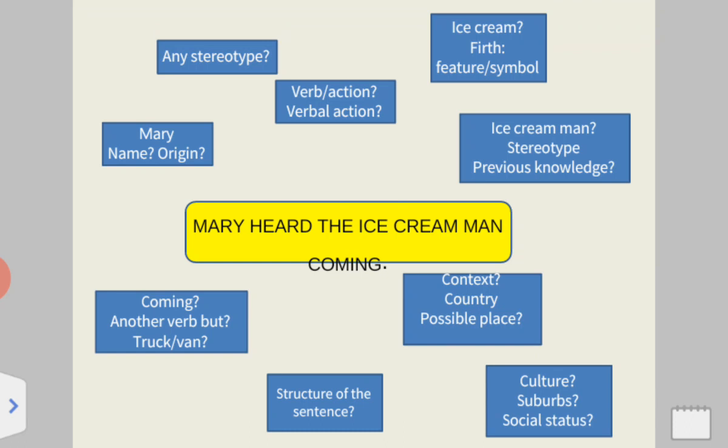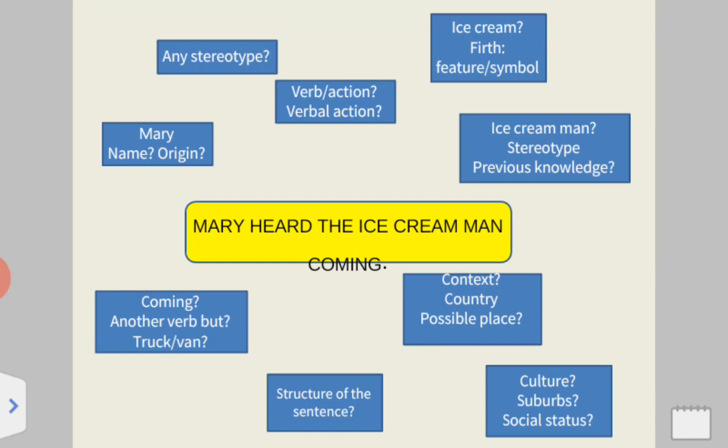A possible place, ahead we will see what could be a possible place for this situation to occur. And then we have the culture, the suburbs, and the social status. Okay, if Mary lived in the suburbs, it's because culturally the suburbs are for people who have a very good job in the city, right?